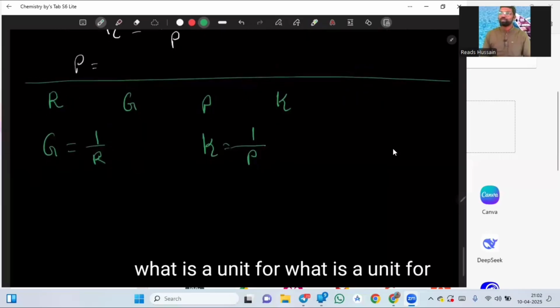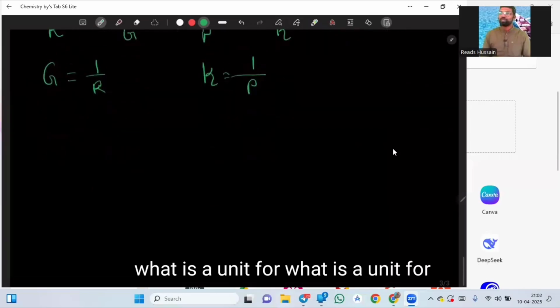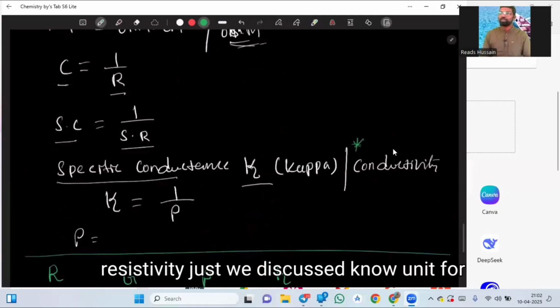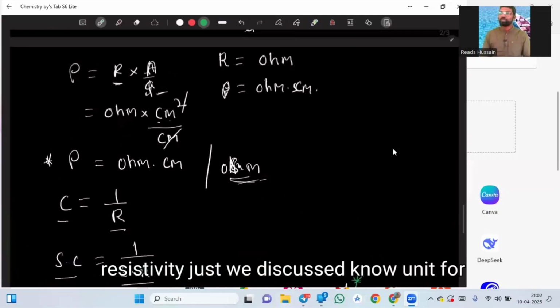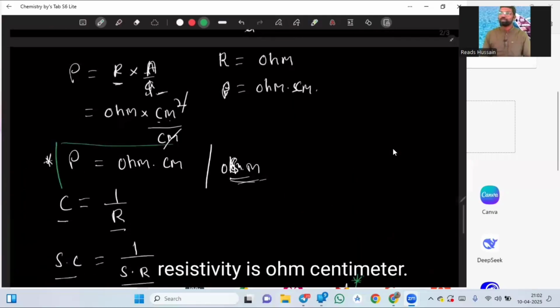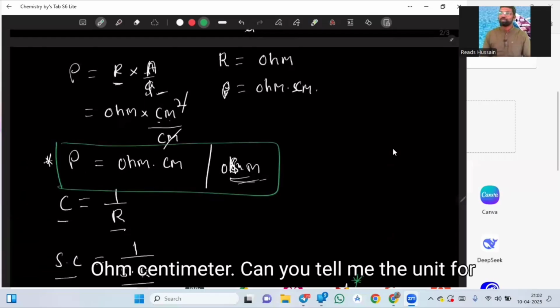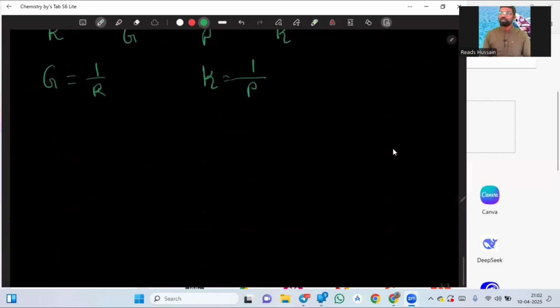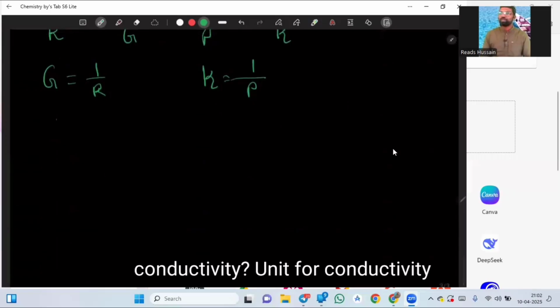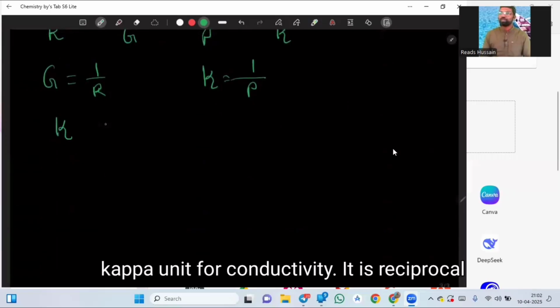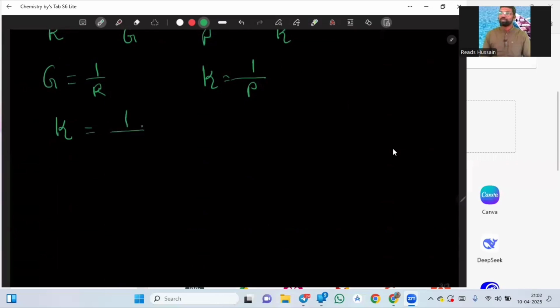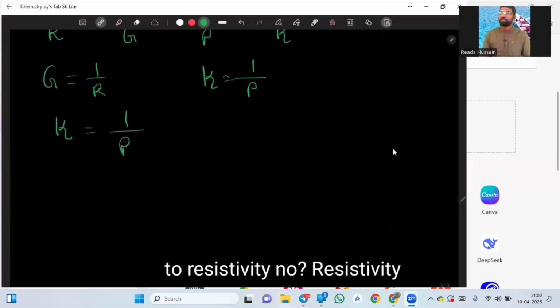Now, what is the unit for resistivity? Unit for resistivity is ohm centimeter. Can you tell me the unit for conductivity, kappa? It is reciprocal to resistivity, no?